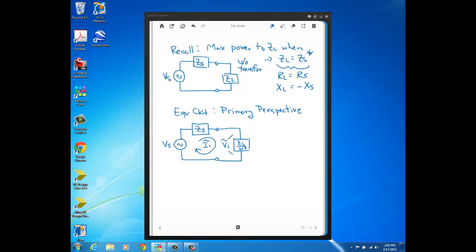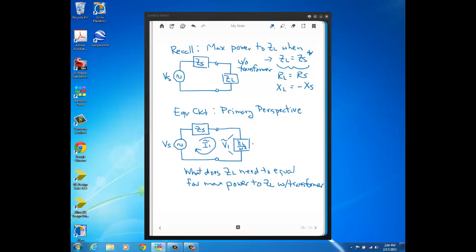But now what we're going to come up with is what ZL needs to equal for max power to ZL with the transformer. So now this is with the transformer involved.